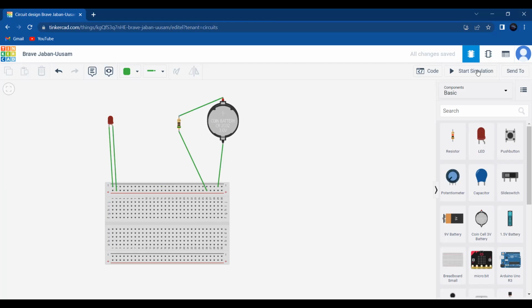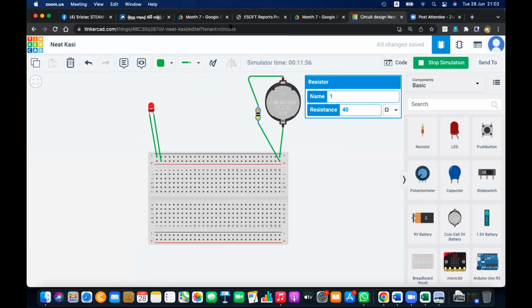So let's play that. Yeah, you can see. I think you have connected it incorrectly. Cathode to minus, anode to plus, right? The long leg to plus. Okay, so this works.